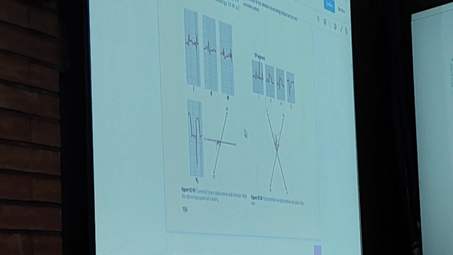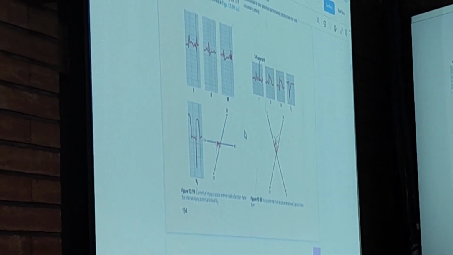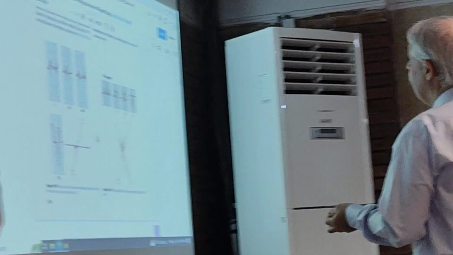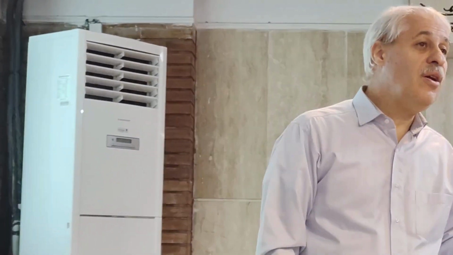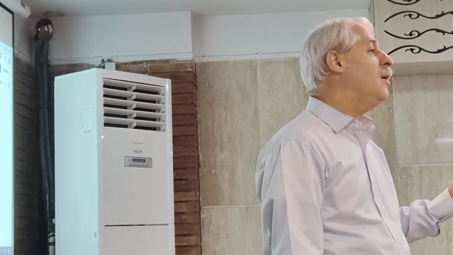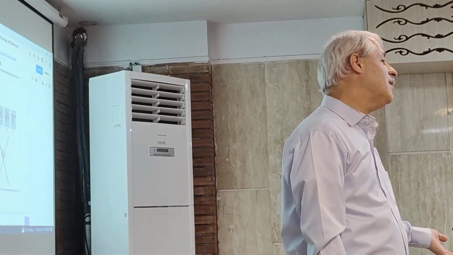But based on the vector analysis that you have now learned, we should make a straight line and make the resultant vector of the current flow, which is abnormally seen in myocardial infarction.